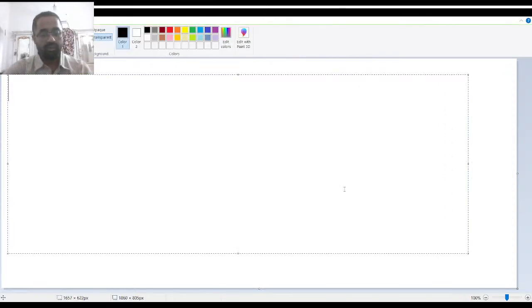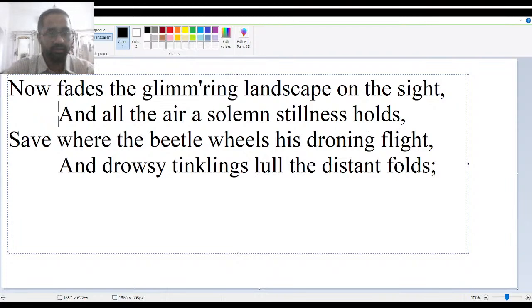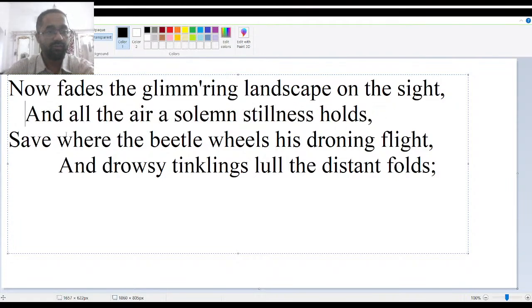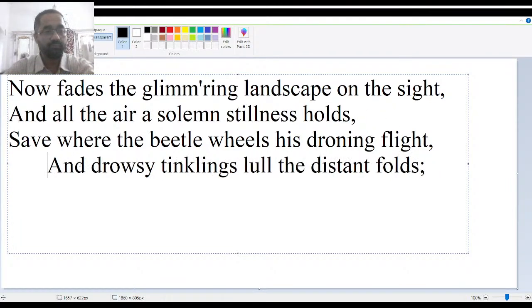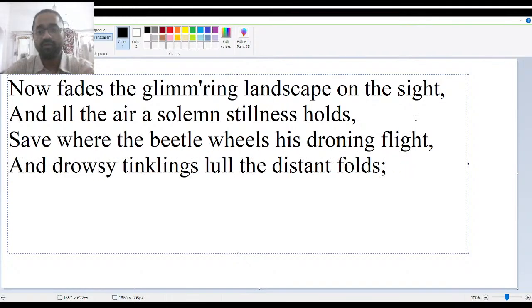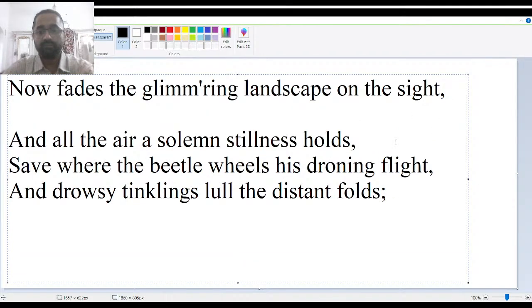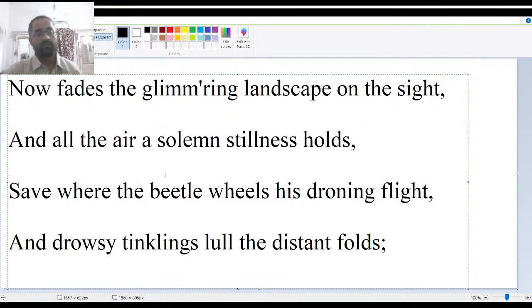I hope Microsoft Paint, the software that I'm using, is visible to you. So this is the second stanza. I hope this is visible to you. So let's look at this passage. Let's look at the lines.